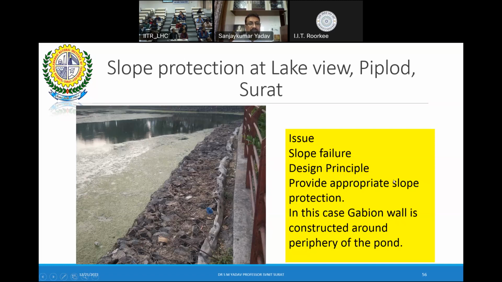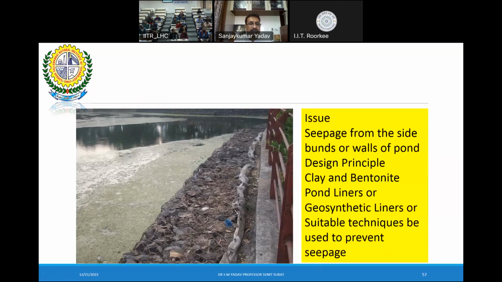So, slope failure design principle: provide appropriate slope protection. In this case, a gabion wall is constructed around the periphery of the pond. Coming to the issue of seepage, though urban ponds are constructed, retaining water in the urban ponds is again an issue. So when this pond was regenerated, you can see here on the backside of the gabion wall and between the retaining wall, a geosynthetic material has been placed.